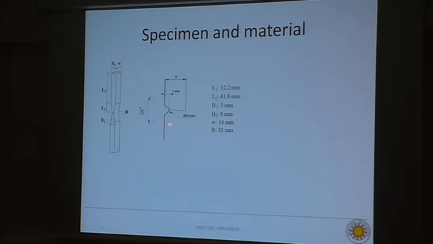And we've also introduced a notch acting as a crack initiator. The depth of the notch is 1 millimeter with a radius of 0.5 millimeter. With these dimensions, we have a resonance frequency for this specimen of 20,038 Hz, which is well inside the limits of ultrasonic fatigue testing.